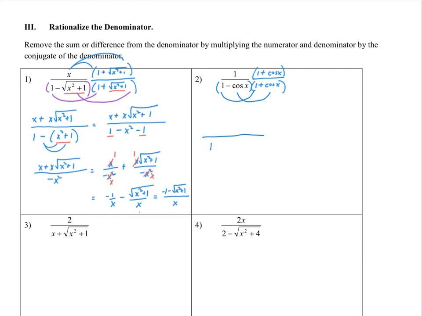That'll give us 1 minus cosine squared of x. In the numerator, we can multiply to get 1 plus cosine of x. Okay, remember from our trig unit that 1 minus cosine squared of x is equal to sine squared of x. So therefore our final answer is 1 plus cosine of x divided by sine squared of x.